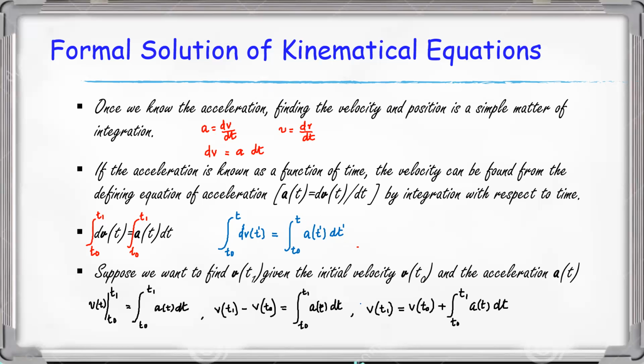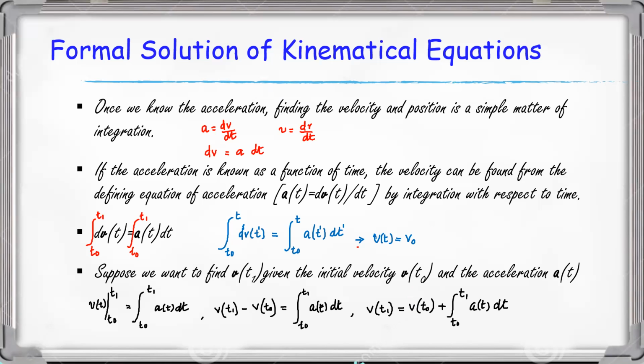Then we will get the final result. Our aim is to find the value of velocity at an arbitrary time t. Then v(t) must be equal to v0, where v0 is the velocity at time t equal to t0.